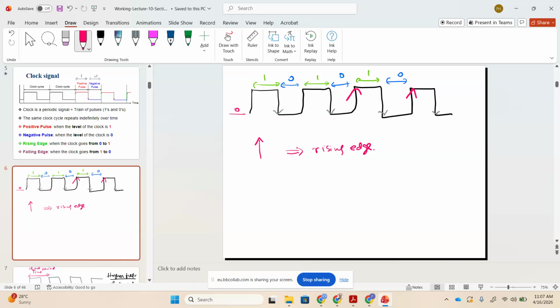What is your good name? Ghala. I noted your name. If you are noting your name, it's a good sign. So a rising edge means 0 to 1. Until this point, Thomas has two points, James 1, Abir 1, Ghala 1. I will collect these points, and based on these points, I will give the bonus marks at the end of the final.